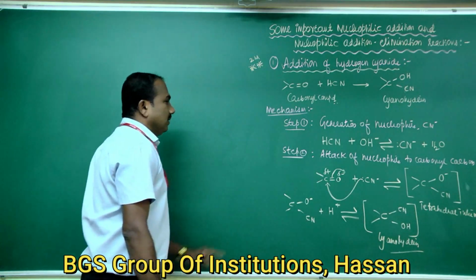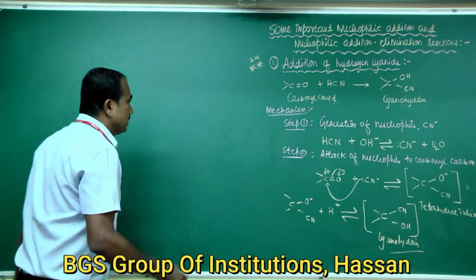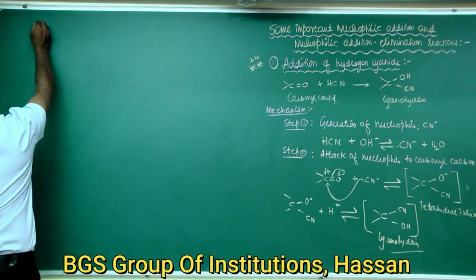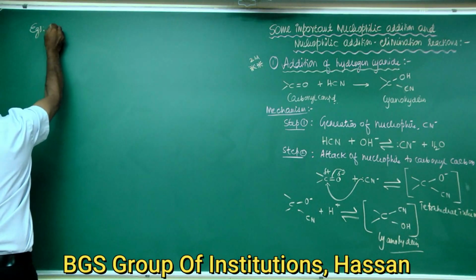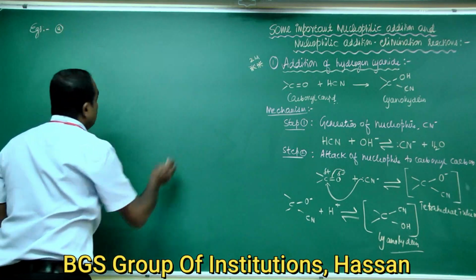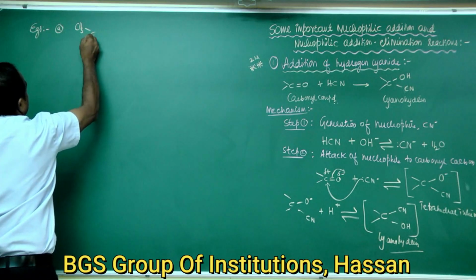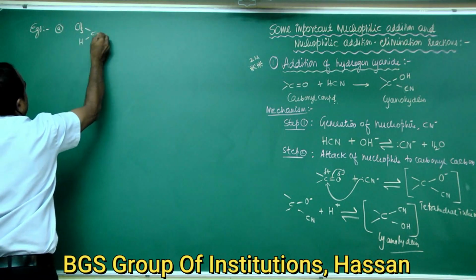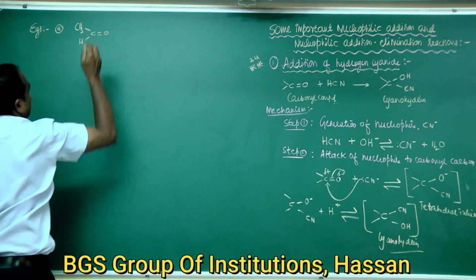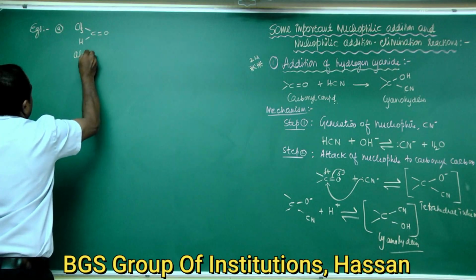Next, we will take examples for this mechanism. The first example is a carbonyl compound, CH3CHO, an aldehyde, whose name is acetaldehyde.